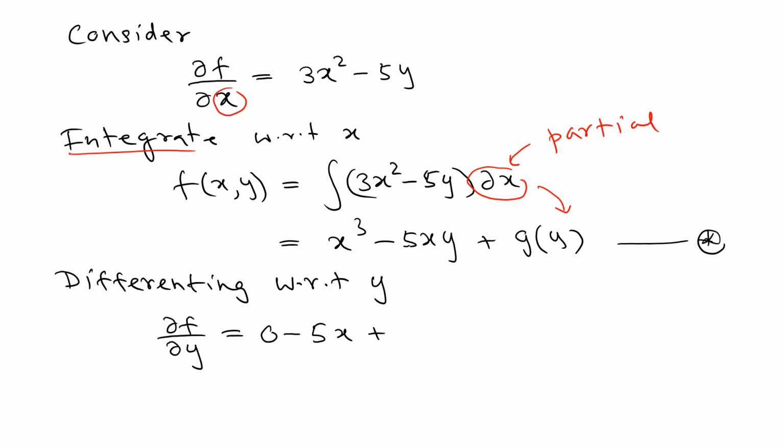When you take the derivative, the partial derivative actually becomes a regular derivative, because there are no other variables. Now we can set this equal to N, because of the exactness, the partial of f with respect to y equals N. So we set this equal to the N function, which in the problem is 2y minus 5x.